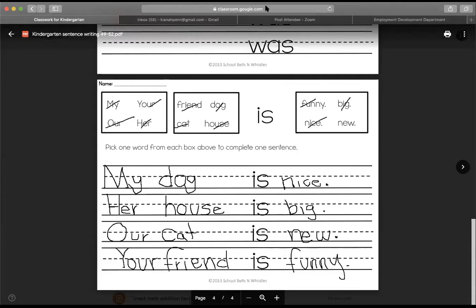My dog is nice. Funny. Our cat is new. Say it into there and louder, okay?